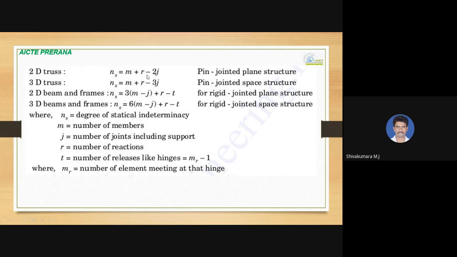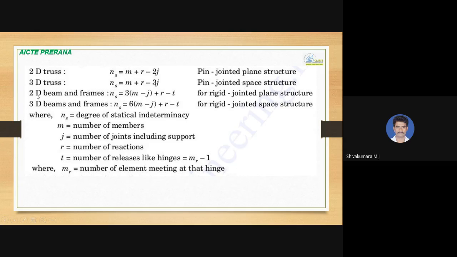So m plus r minus 2j is for 2D trusses. For 3D trusses, the degree of static indeterminacy is m plus r minus 3j. In place of 2, here it is 3 displacement components. This is a plane truss, this is a space truss.